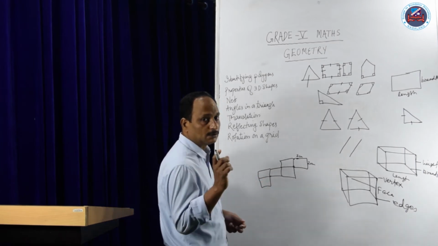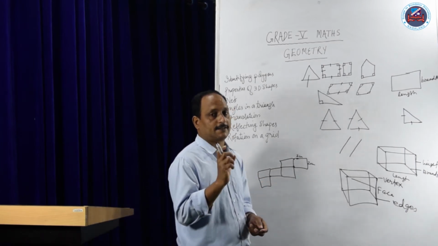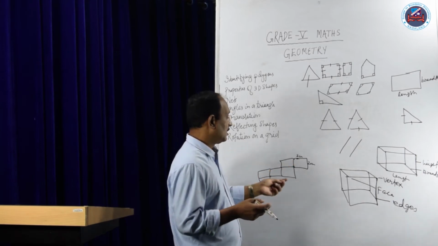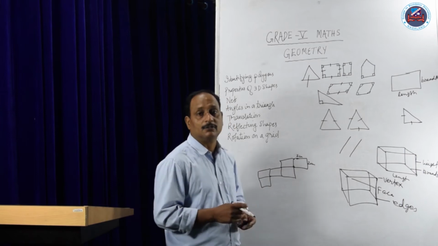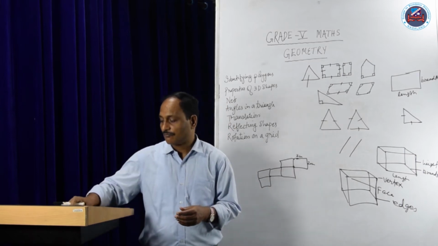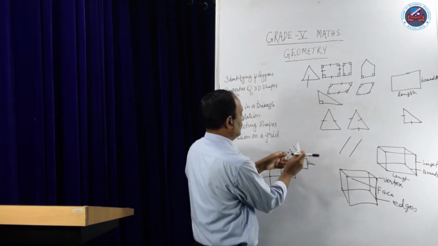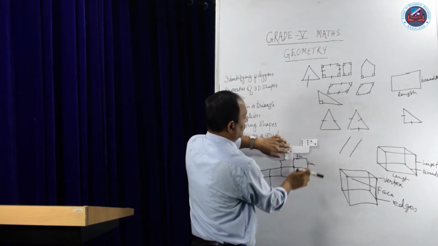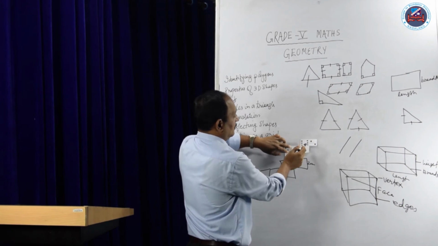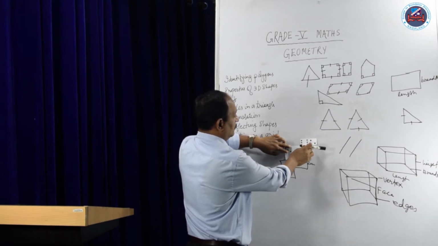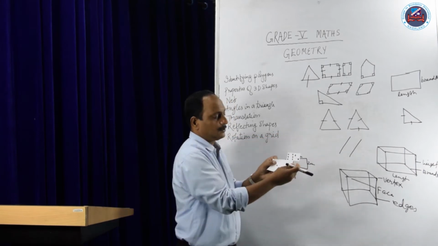Have you seen a Ludo dice? When you unfold the Ludo dice, it will look like this. One, two, three, 4, 5, 6. So it looks like this.